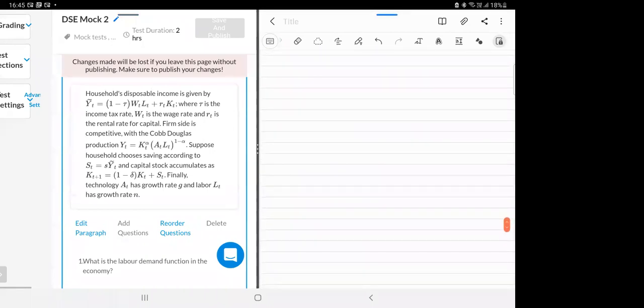Okay. So the household's disposable income is given by Y tilde T equals (1 minus tau) times (W_t L_t plus R_t K_t), where tau is the income tax rate, W_t is the wage rate, and R_t is the rental rate for capital.